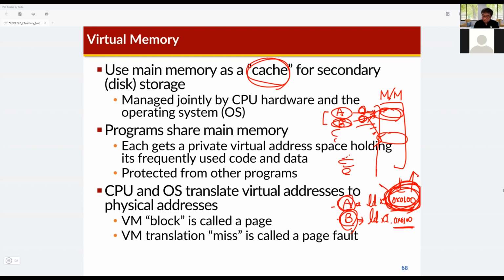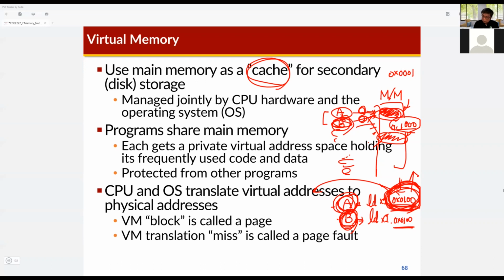Different applications access the same address, but for application A, your data is stored in 0x0001, and for B it's different data. Your data is in 0x1001000. It's a different location in the main memory. So how can you access it?